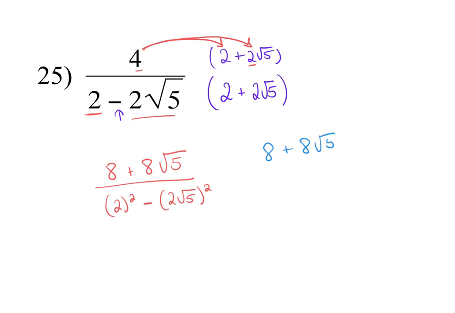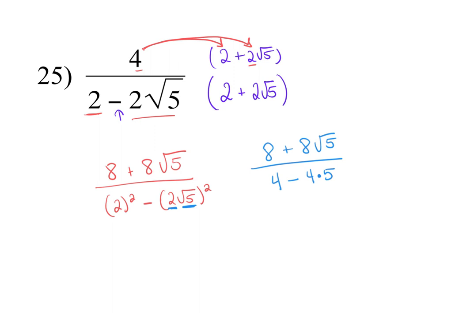We're going to simplify that denominator. Everyone hopefully can do 2 squared. This second piece is where we saw some problems. I square the outside guy. 2 squared again, that is 4. That is being multiplied by squaring a square root. When I square that square root of 5, I get just a 5.